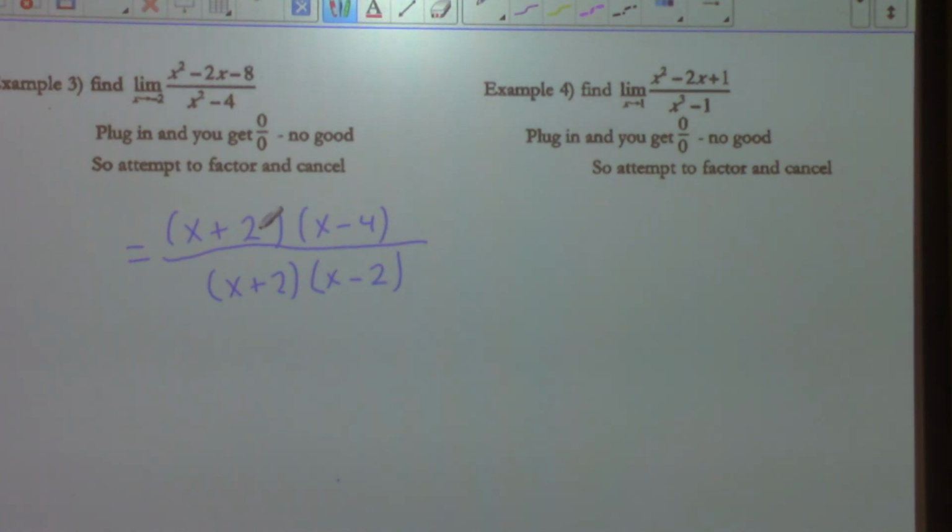So that goes away here, right? So now if we plug in, is that a negative 2 there? Yeah. Okay, so it was negative 2 minus 4. Does that look right? Yes. Okay.